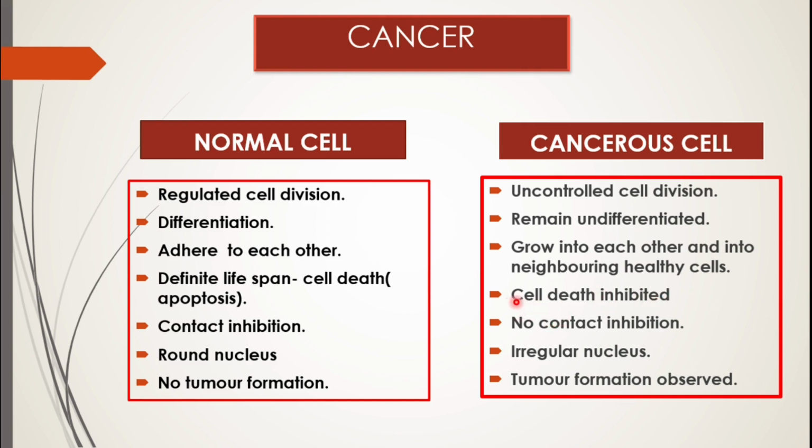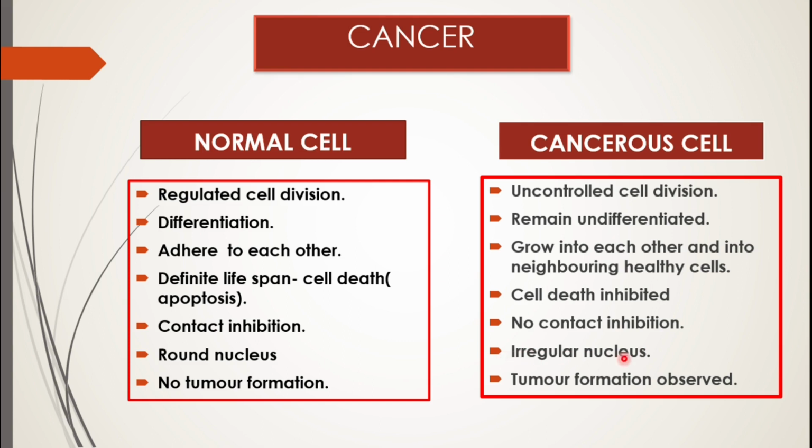Another one is that cell death is inhibited. We saw in the case of a normal cell that there is a definite lifespan following which the cell dies. But in cancerous cells, cells don't die. The cell death is inhibited. Another anatomical feature is the presence of an irregular nucleus.